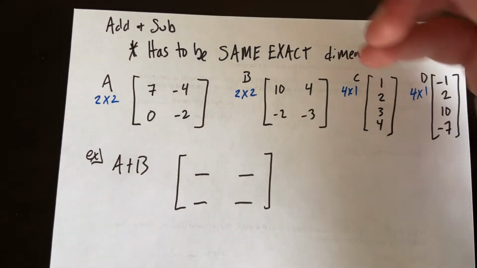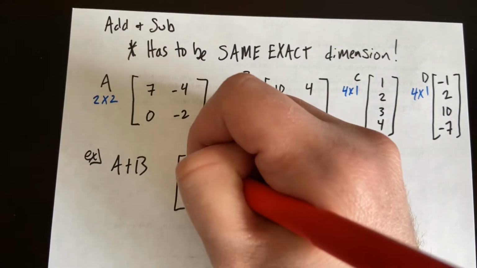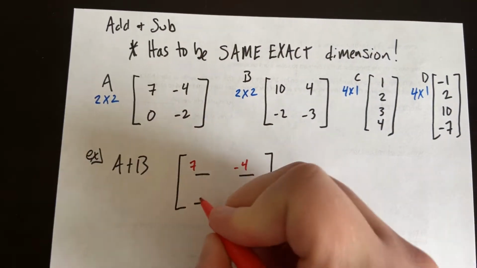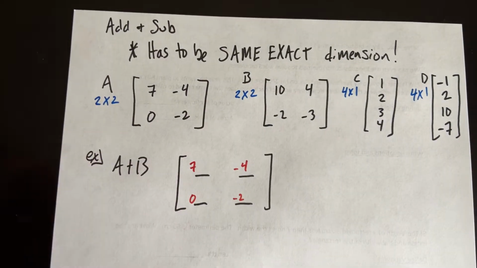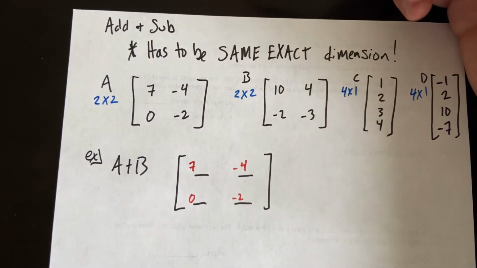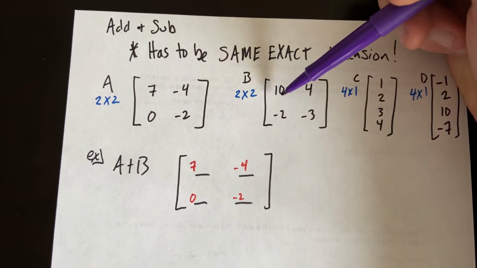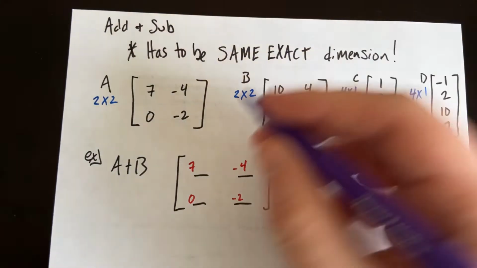So if I let A be the red numbers here, so I have 7, -4, 0, -2. I'm going to put matrix B in purple. So whatever these numbers were for A, I'm going to literally add those same corresponding numbers for matrix B there.